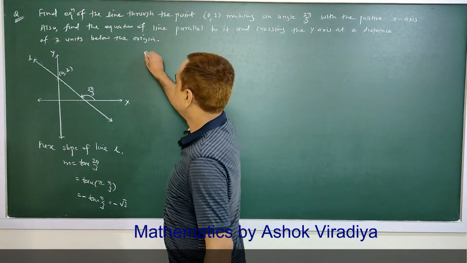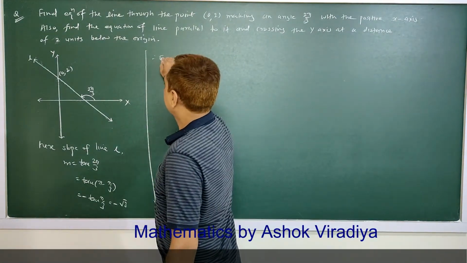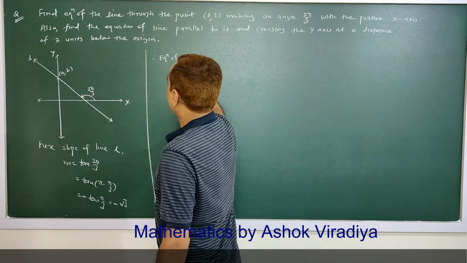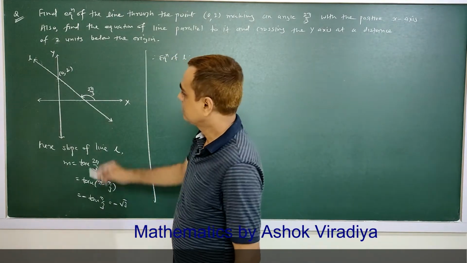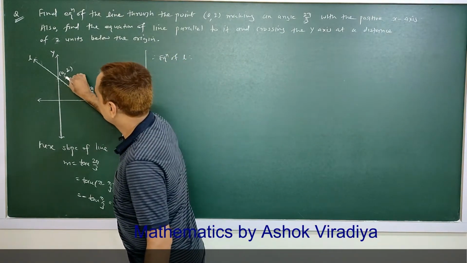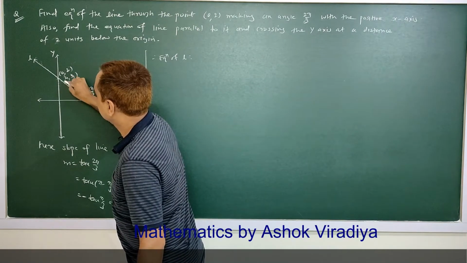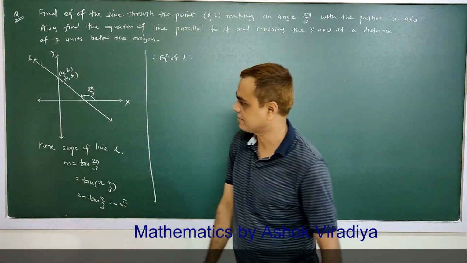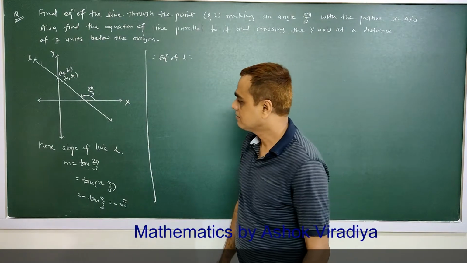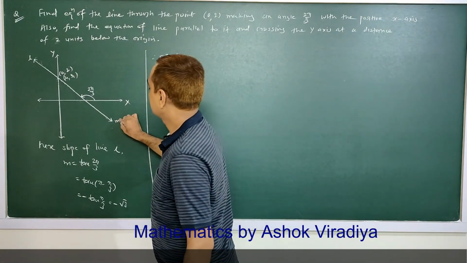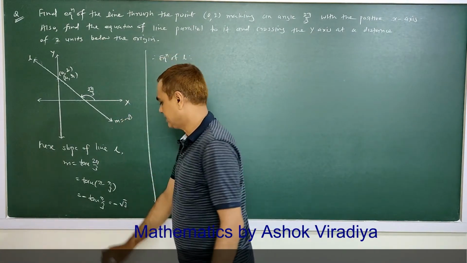Therefore the equation of L is, let me say this point is x1, y1. We know the slope is minus root 3.